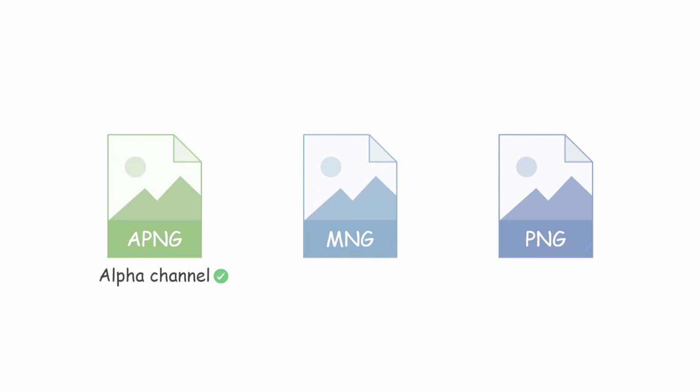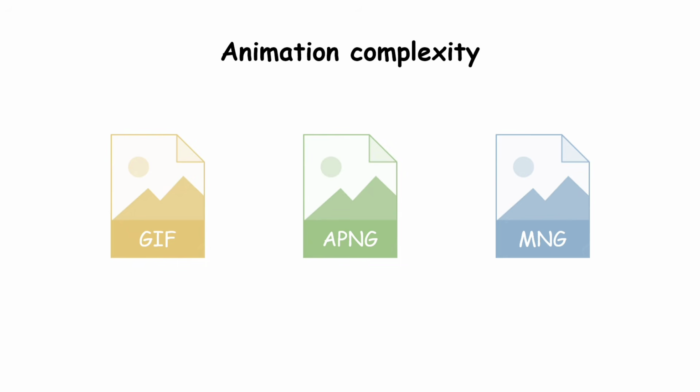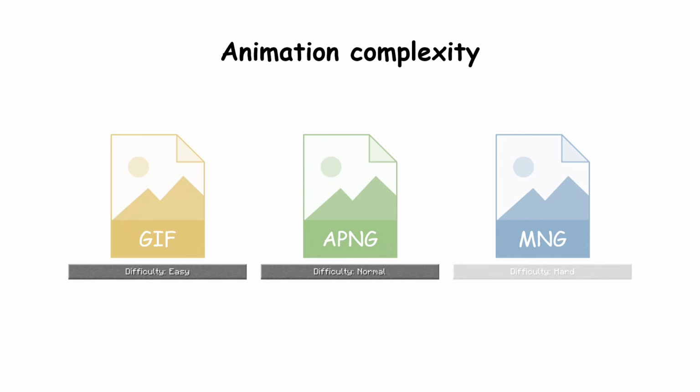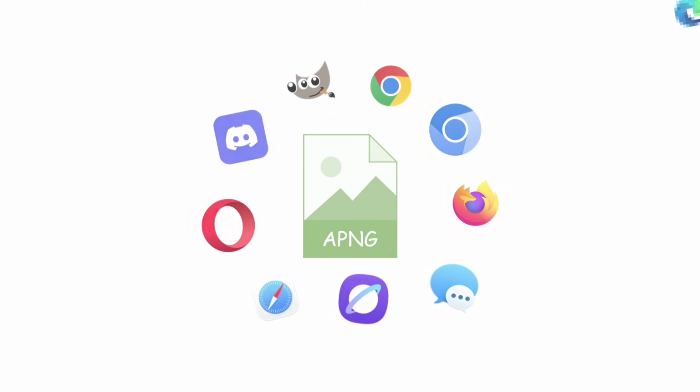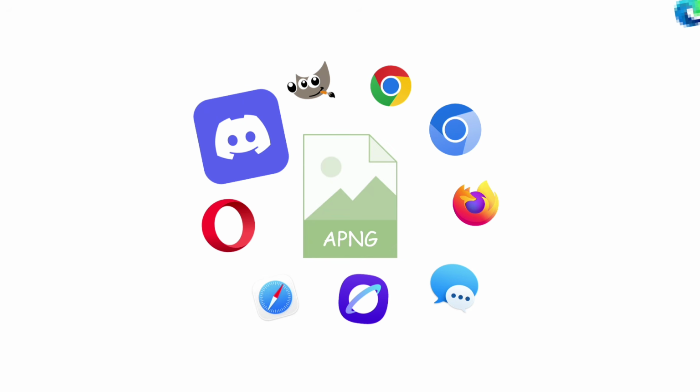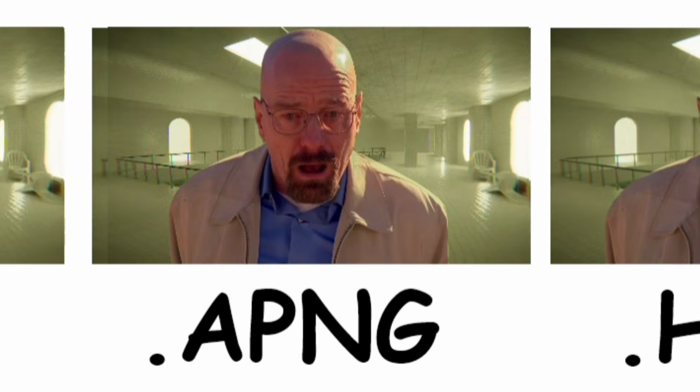APNG, exactly like MNG and PNG, fully supports the alpha channel and can support color depth up to 64-bit. The way animation is displayed in an APNG file is more advanced and, of course, a bit more complex compared to GIF, but the structure of it is much simpler than MNG, and for this reason, today, almost all browsers and even applications like Discord and iMessage support it.